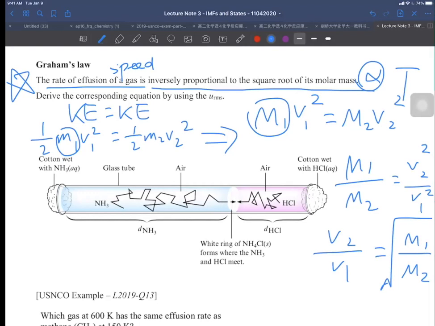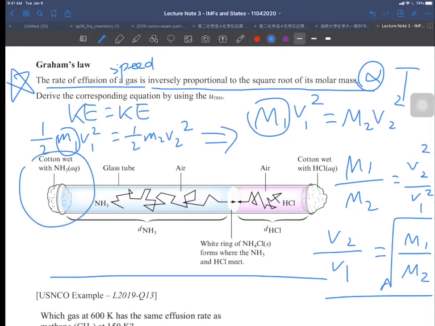It's the same idea, right? Heavier, slower. Lighter, faster, right? But it's not directly related. There is a square root relationship, right? So I have a question for you guys to think about. There is a long tube. On the left side, you have some cotton with concentrated ammonia solution. On the right side, you have some cotton with concentrated hydrochloric acid.